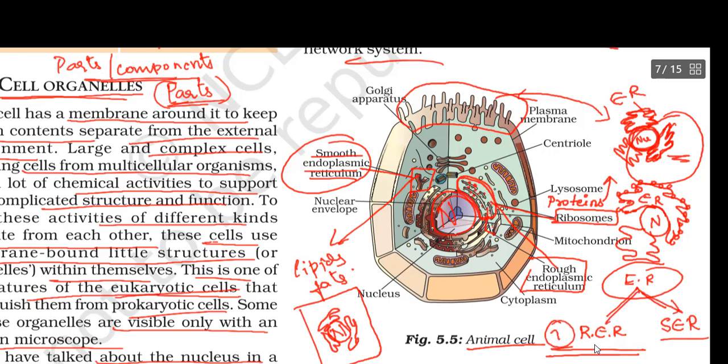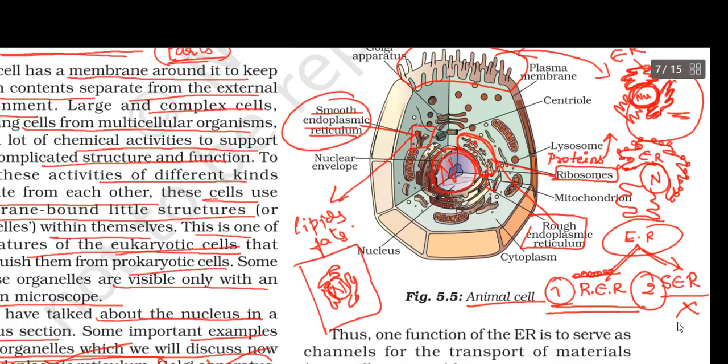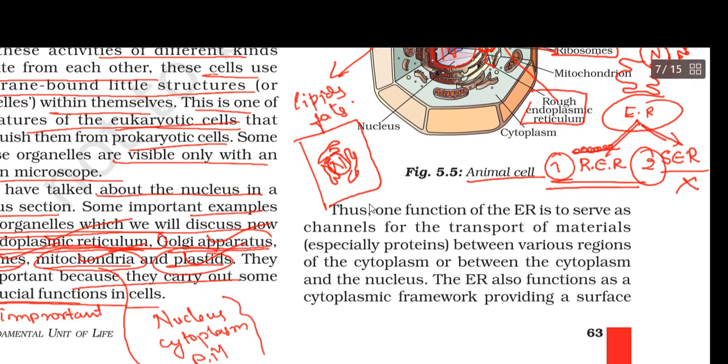One is rough endoplasmic reticulum, another one is smooth endoplasmic reticulum. Why the name rough endoplasmic reticulum? Because they have ribosomes on it, and smooth endoplasmic reticulum because there is an absence of ribosomes on it. This much you have to remember regarding endoplasmic reticulum.